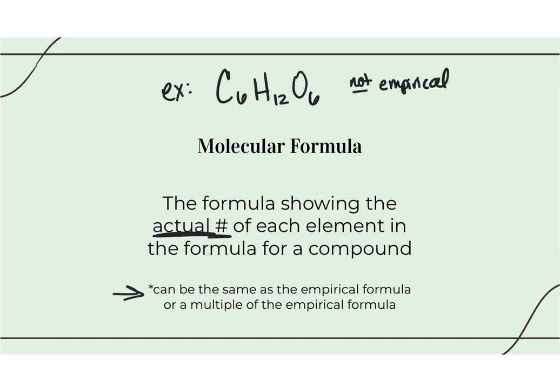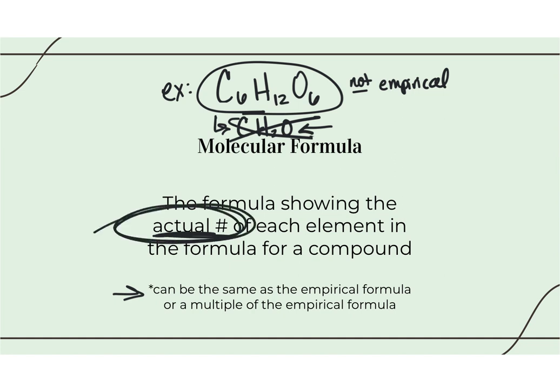The empirical formula for sugar would be CH2O. But in nature, if I'm looking at a molecule of glucose, it doesn't have 1 carbon, 2 hydrogens, and an oxygen. It has 6 carbons, 12 hydrogens, and 6 oxygens. So they can be the same formula, but they don't necessarily have to be.